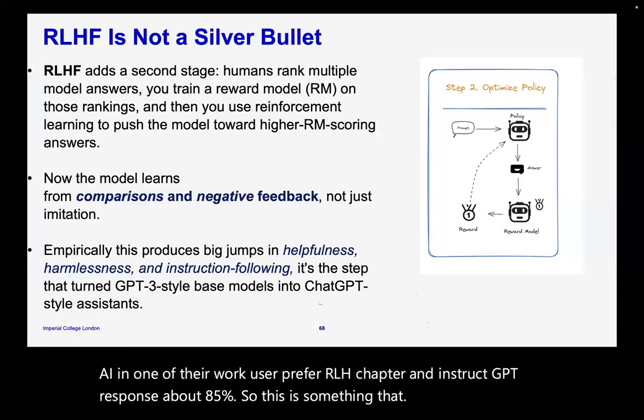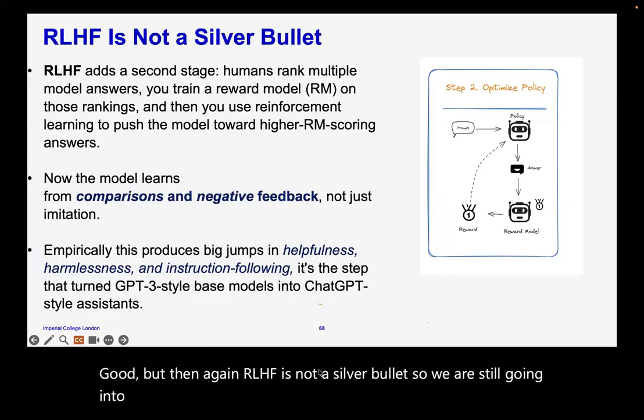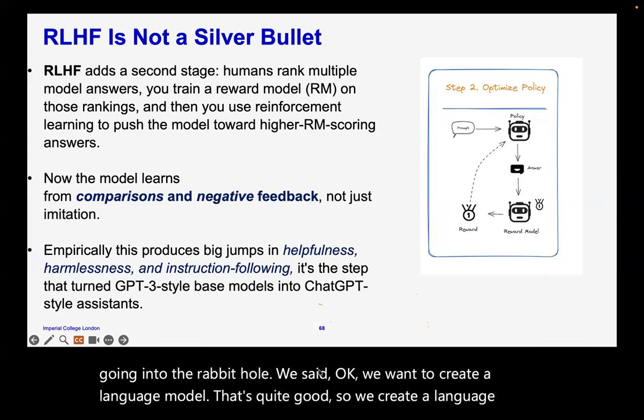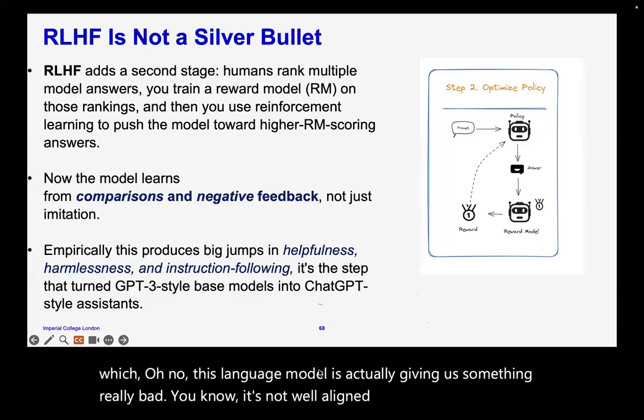But then again, RLHF is not a silver bullet. So we are still going down the rabbit hole. We said, okay, we want to create a language model that's quite good. So we create a language model. We say, oh no, this language model is actually giving us something really bad. It's not well aligned. It's giving us something toxic.